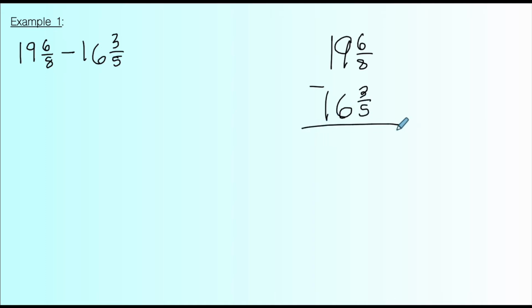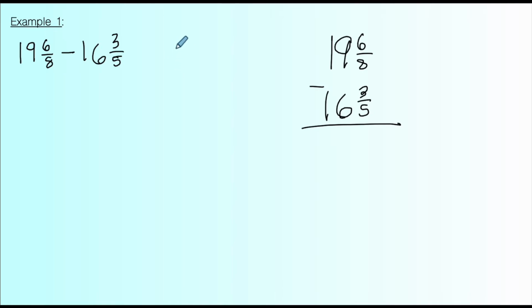So hopefully you remember the key to any addition or subtraction of fractions is having common denominators. So what's a common denominator between 8 and 5? What can both of those numbers turn into? So go through your multiples if you want, or you could just multiply the eighths by 5 and the fifths by 8.